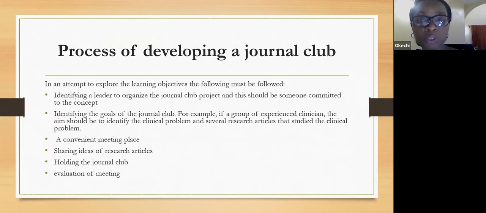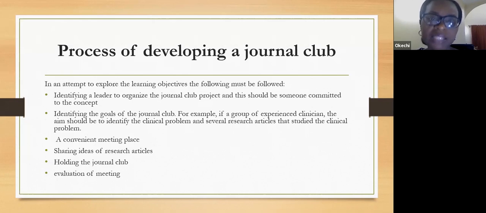Identify the goals of the journal club. For example, if you're going to discuss a clinical problem, it's an interest area in those who you want to be your audience, you have to get a group of experienced clinicians who aim to know more about that clinical problem.